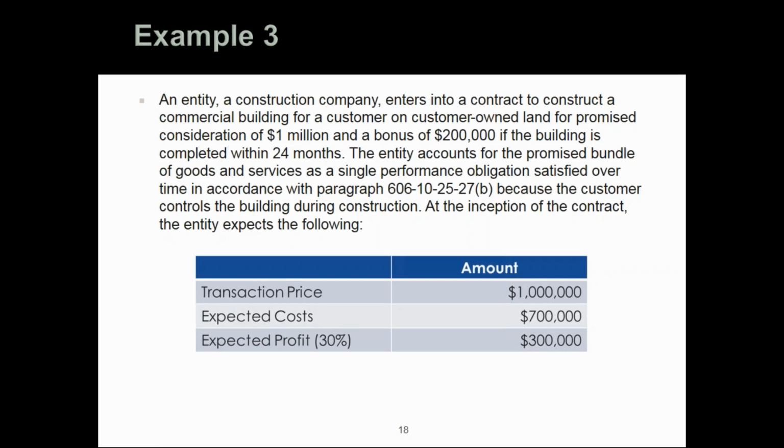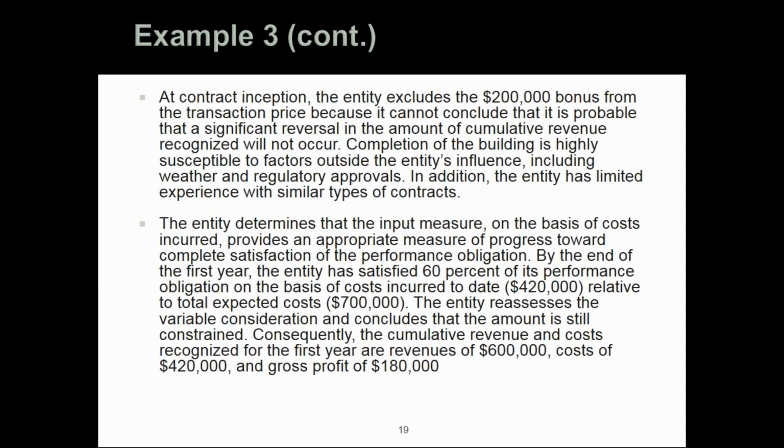At the inception of the contract, what do we expect? The $1 million is the total consideration. Our costs are going to be $700,000, and our profit margin is 30%. So the issue is that we're excluding the $200,000 bonus from the transaction price.